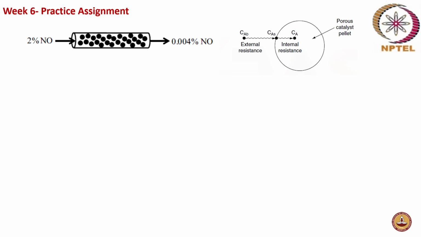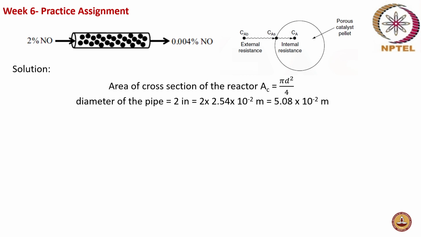What is the value of the diameter of the tube? They have given that the diameter of the pipe, tube or reactor is 2 inch. That means 2 into 2.54 into 10 power minus 2 meter, that is 5.08 into 10 power minus 2 meter, is the diameter of the pipe.